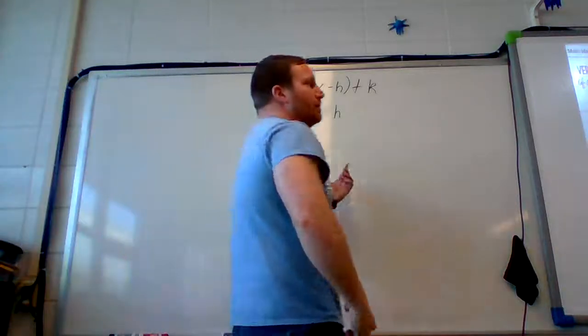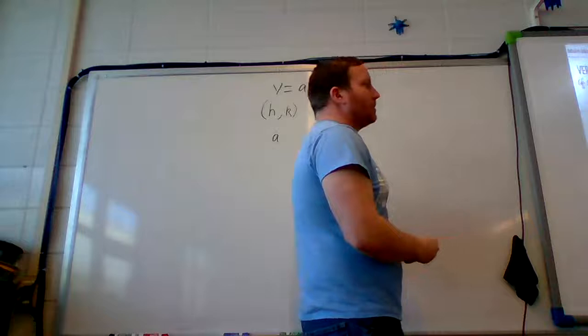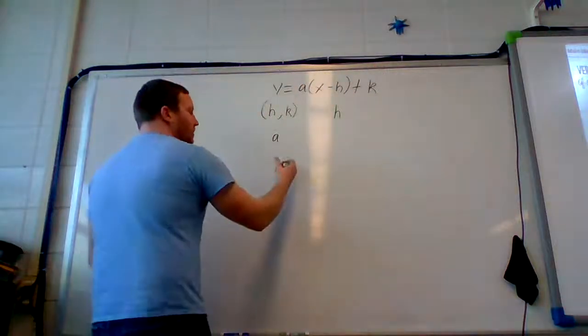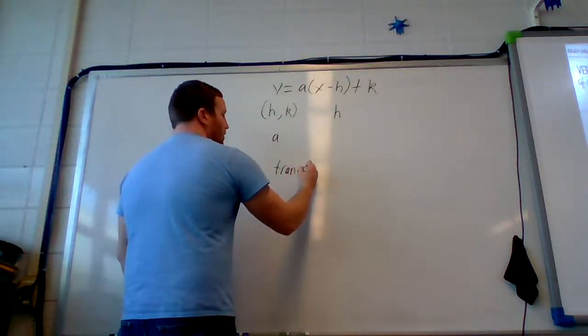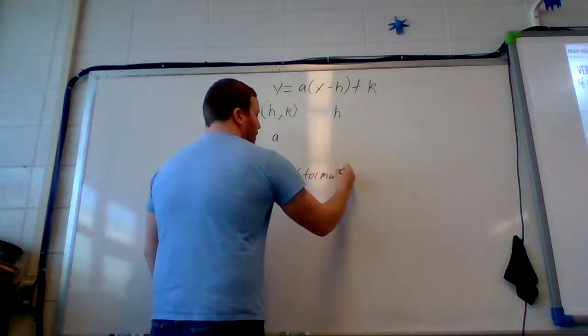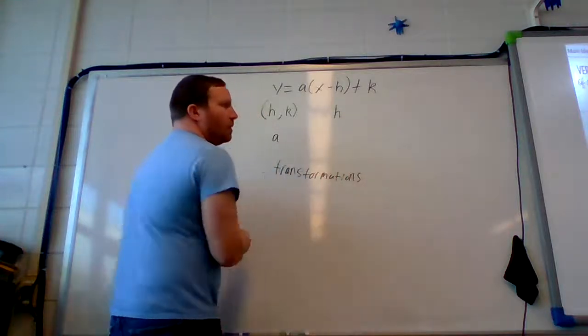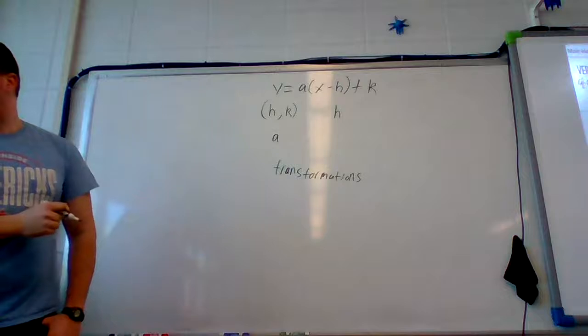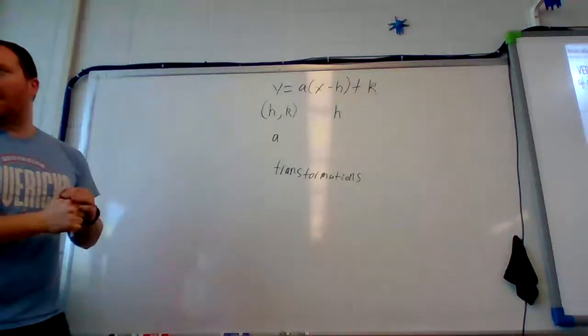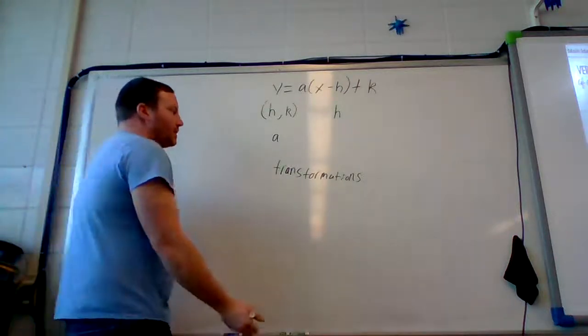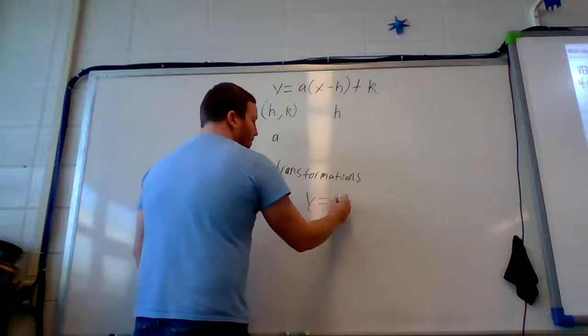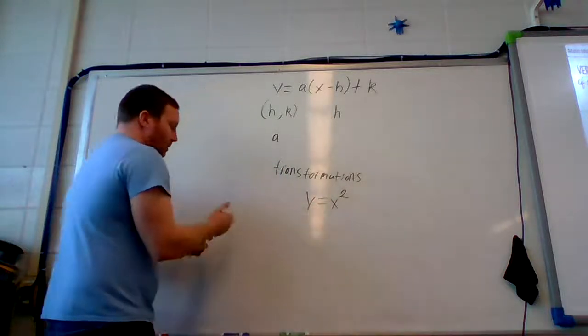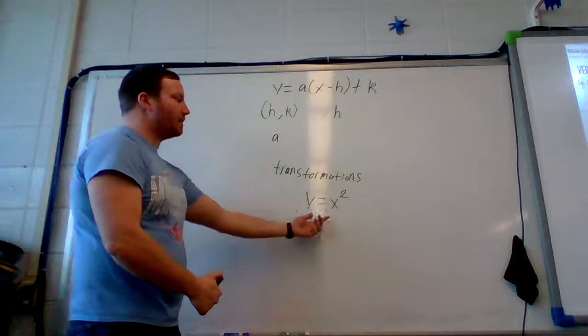The vertex form shows us the transformations on a quadratic in respect to its parent function of y equals x squared, which is our parent function for all quadratics.